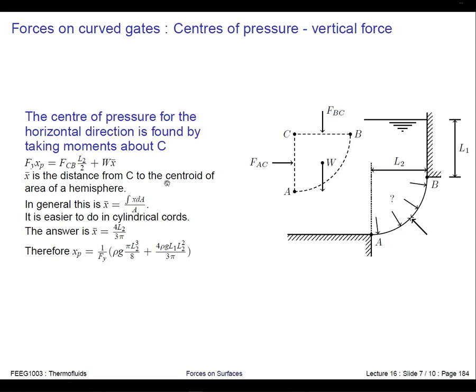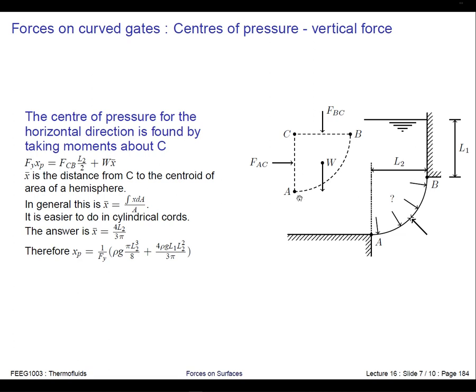And for the weight, we have to work out the centroid of this quadrant. If this was a hemisphere, the weight would act at, if you like, x equals 0.